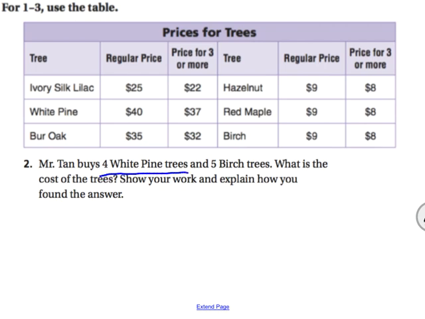Now I go to my table and I go to white pine. Now when I go across, I see the regular price is $40. So if I was buying 1 or 2, I would pay $40 each. But if I buy 3 or more, I get $37 each. So since Mr. Tan is buying 4, he gets the discounted price of $37.